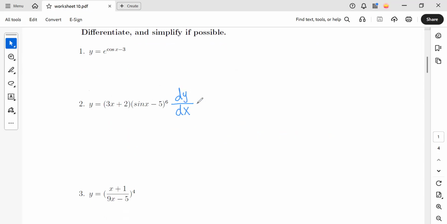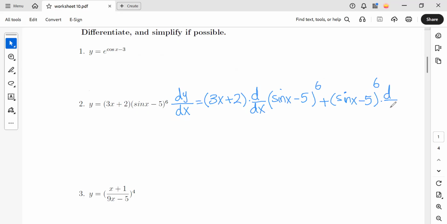So dy dx would be copy the first one, derivative of the second one, which is d dx of sine of x minus 5 power 6, plus copy the second one, which is sine of x minus 5 power 6, and then derivative of the first one, which is 3x plus 2.